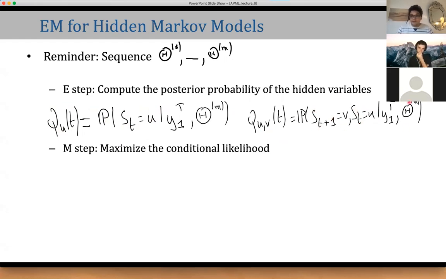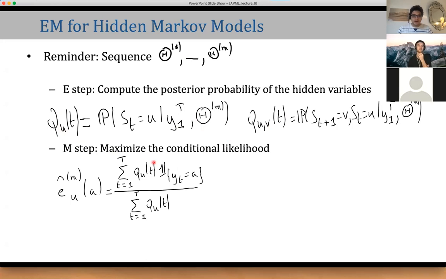I will not go into detail for that, because that's just an extension of the first one. Then when we compute the M step, we need to maximize the conditional likelihood. Intuitively, it's an extension of what we saw with the mixture model.